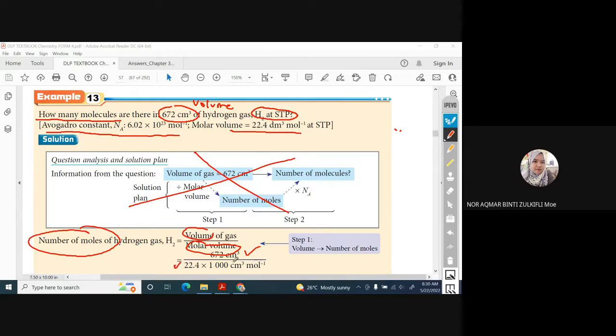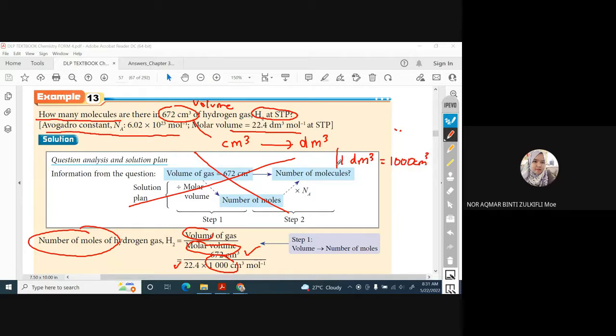Okay, why must you times 1000 here? Because the unit is cm cube. Remember, cm cube must be converted to dm cube. So you need to divide by 1000 because 1 dm cube equals 1000 cm cube.